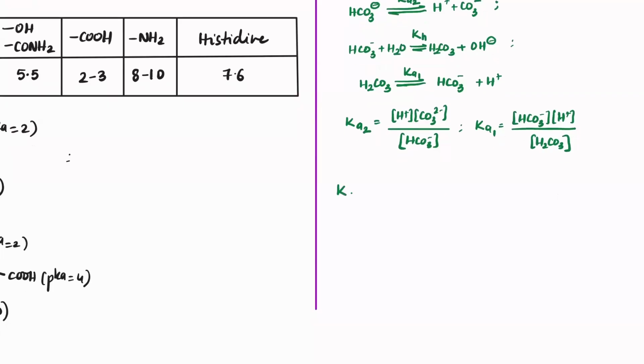What if I multiply Ka1 into Ka2? Check properly. HCO3- gets cancelled, and I will have H+ squared times CO3 2- concentration upon H2CO3 concentration.